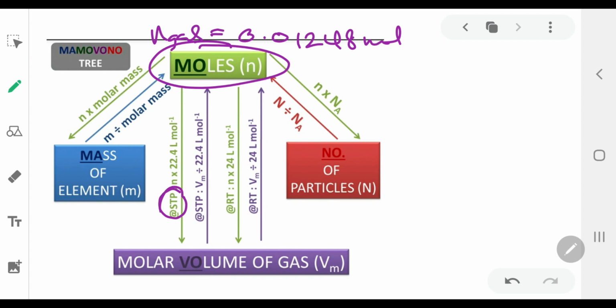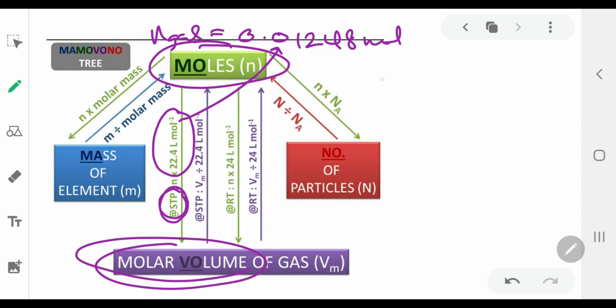When it is STP, you can use that constant value for STP, times with that to get the volume of the gas.